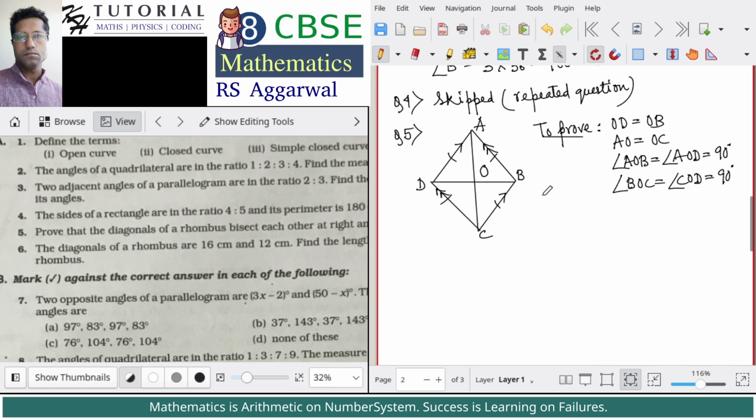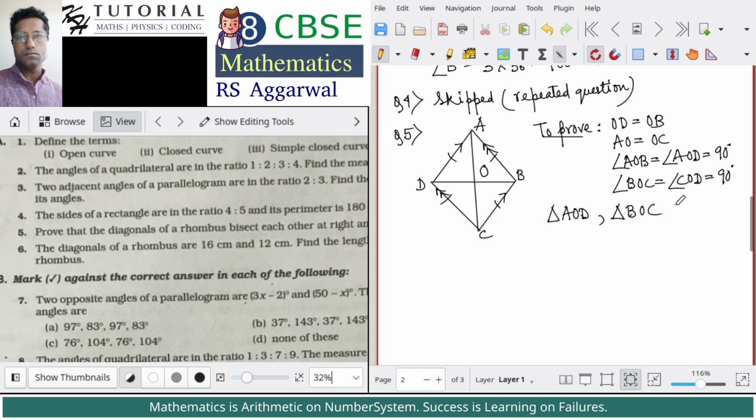Let's consider the triangle AOD and triangle BOC. We will try to prove that these two triangles are congruent. If we can prove these two triangles are congruent, then what has been asked to prove will be proved.